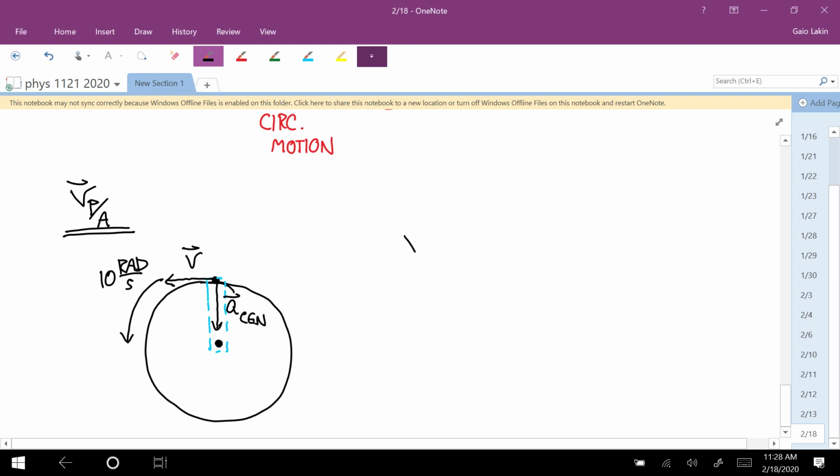The magnitude of the velocity is the absolute value of angular velocity times r. So that's 10 times 2. One, yeah, you're right, sorry.